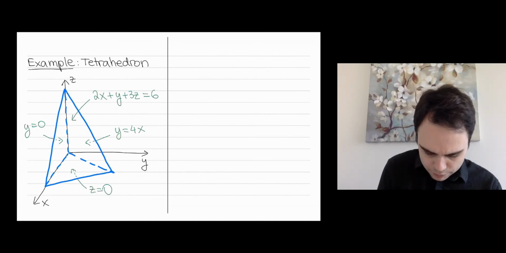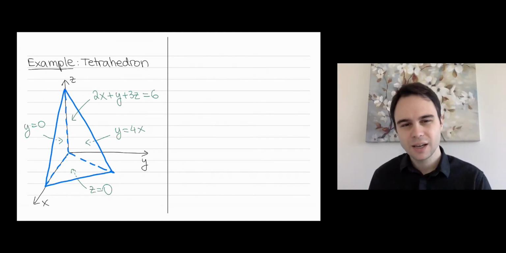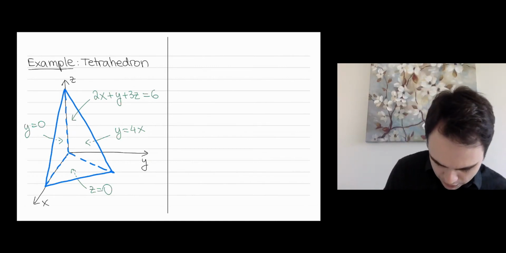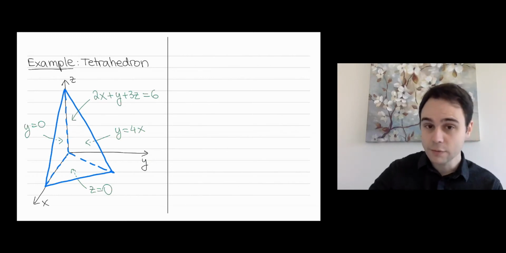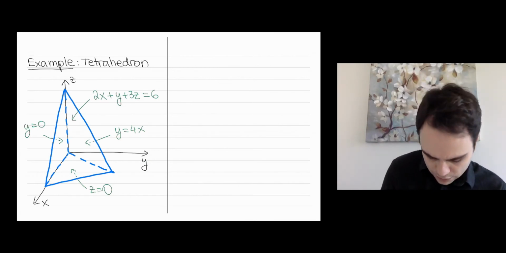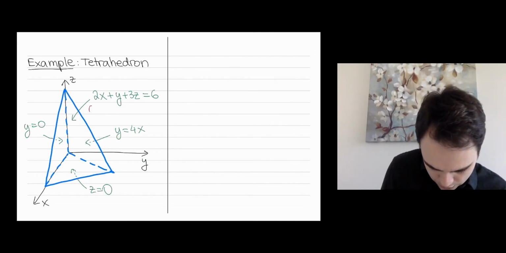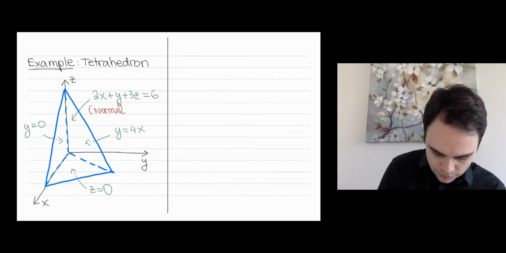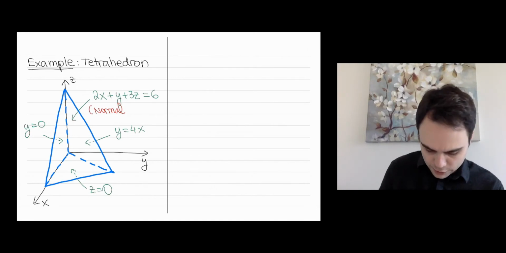For this other plane, 2x plus y plus 3z, that's a little bit harder to get. But if you have to draw a more complicated plane like this one, the key observation is the normal vector to the plane, the vector that sticks out of the plane, perpendicular to the plane.